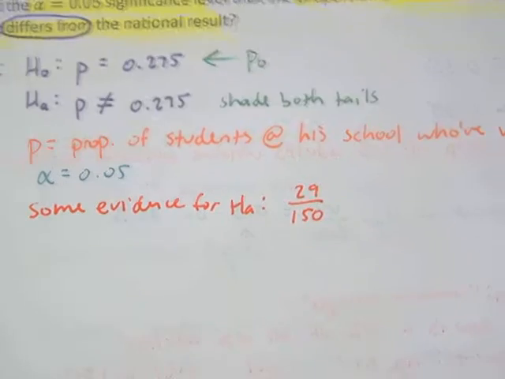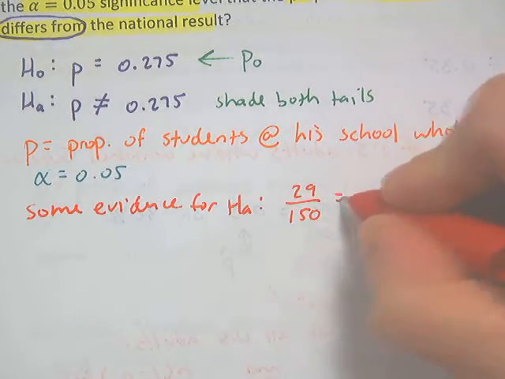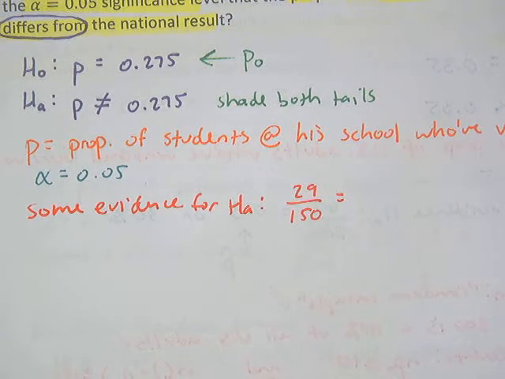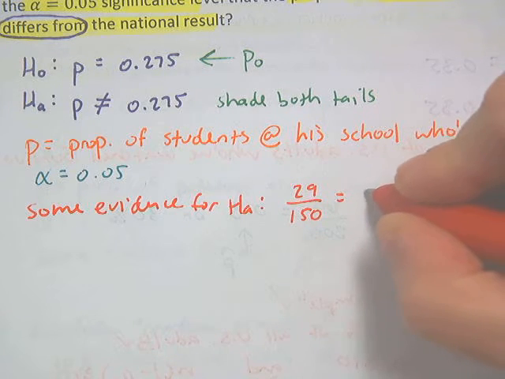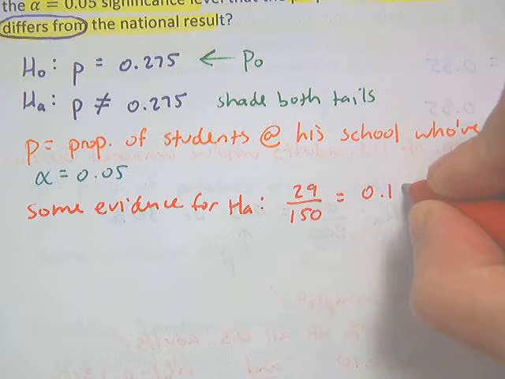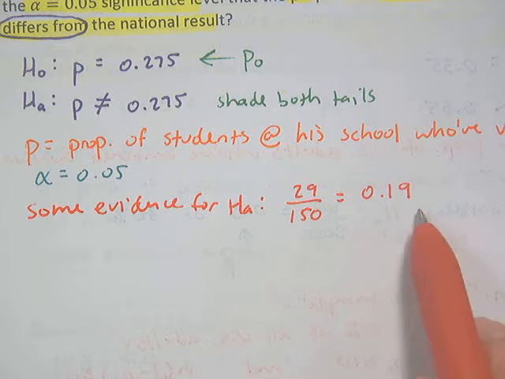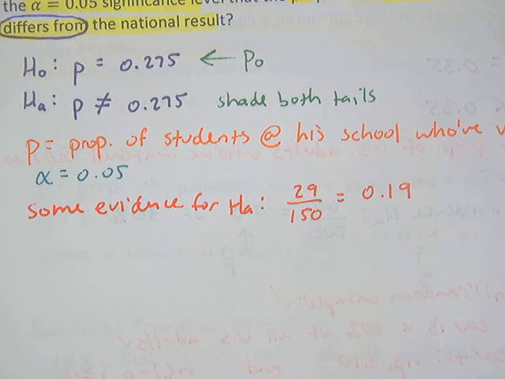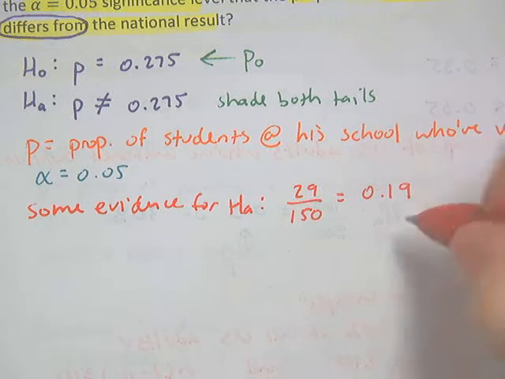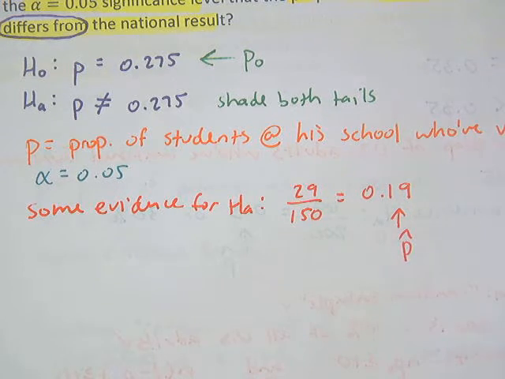Now there might be some response bias in there, you never know, especially on a sensitive topic. There's a little bit of evidence right there because that's less than 27.5%. Or excuse me, not less than. It's different than 27.5%. He's got a little evidence. Now, that's P hat. Let's move on.